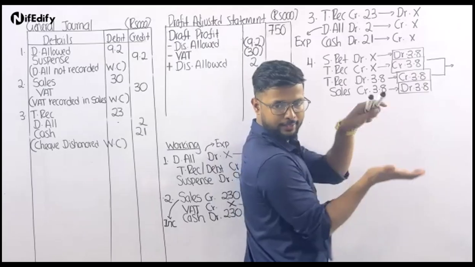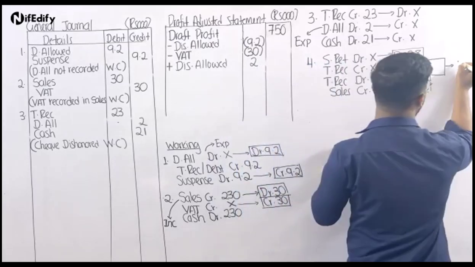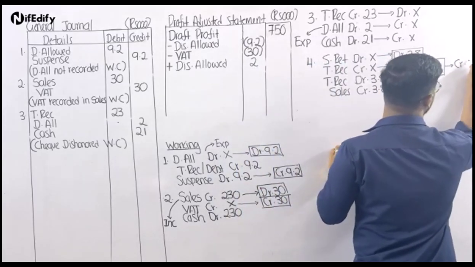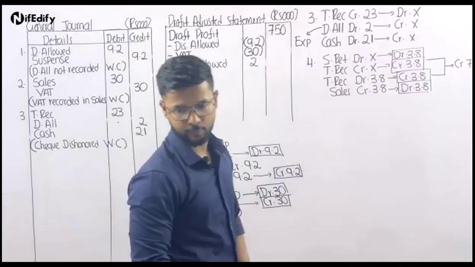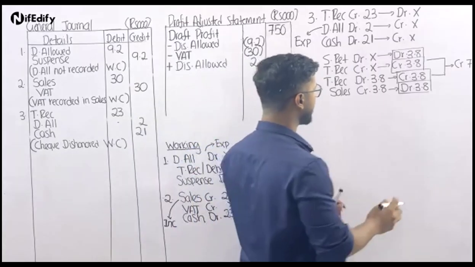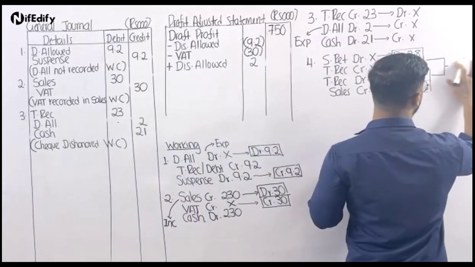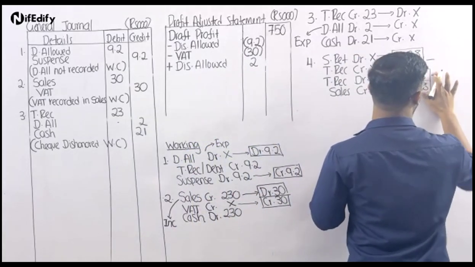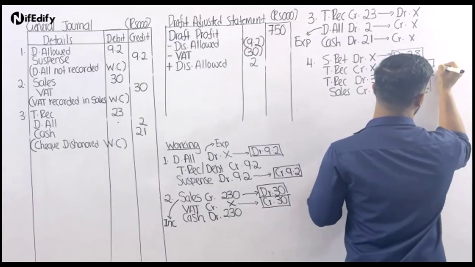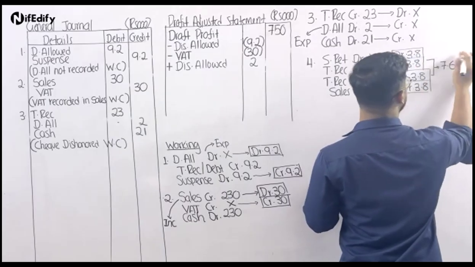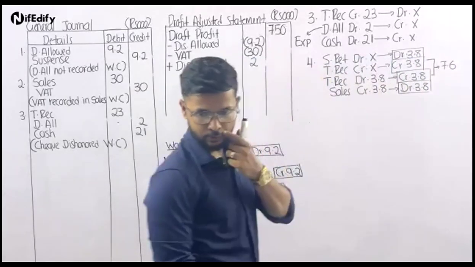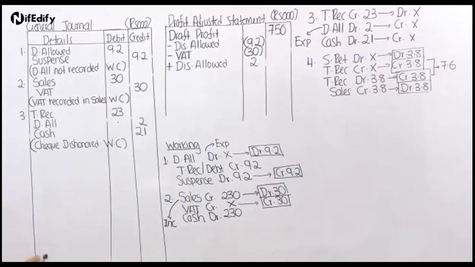If you accumulate them together, it's credit 7.6. I hope the board is basically going out of the frame.